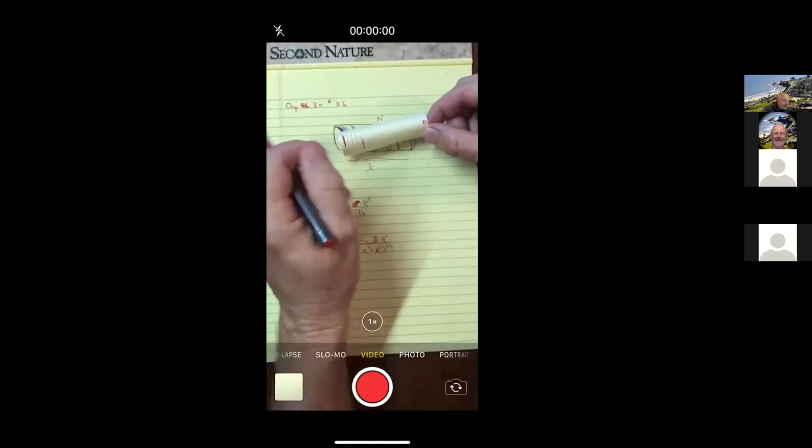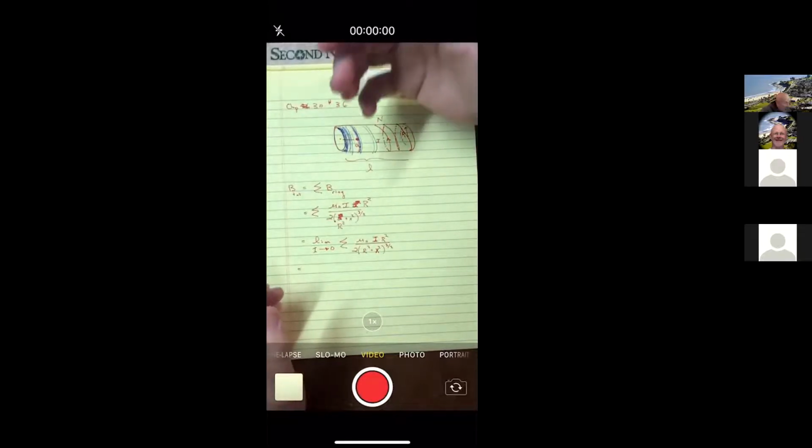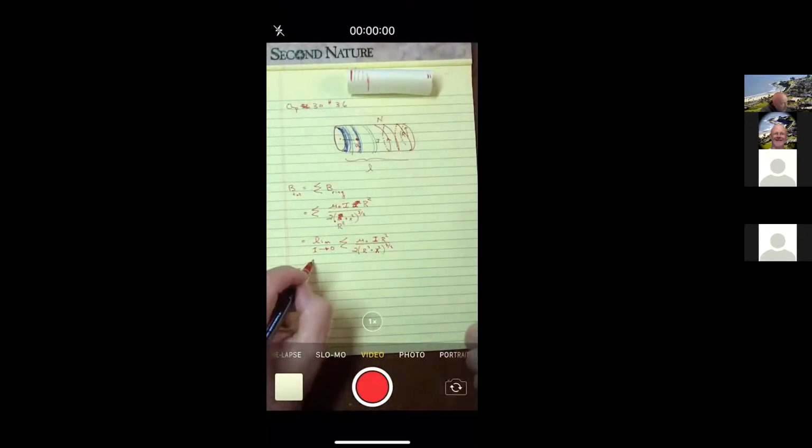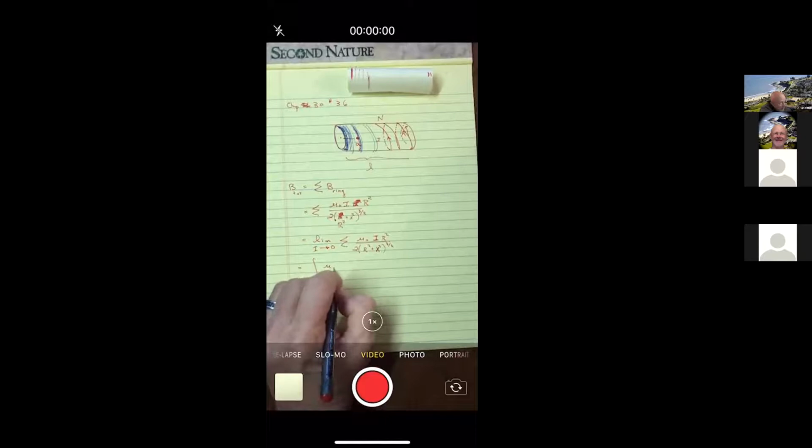And as I cut it thinner and thinner, it's the current that goes to 0. And so as I apply the second fundamental theorem of calculus, which is to change a Riemann sum into an integration, this then can be written as dI.